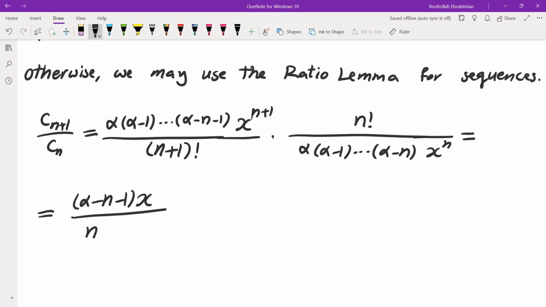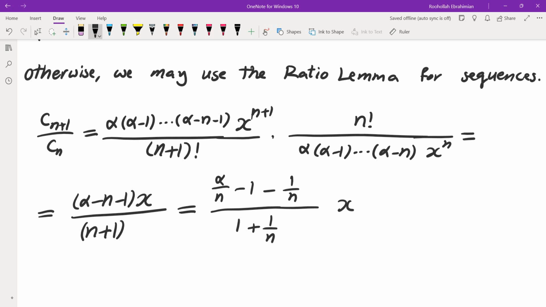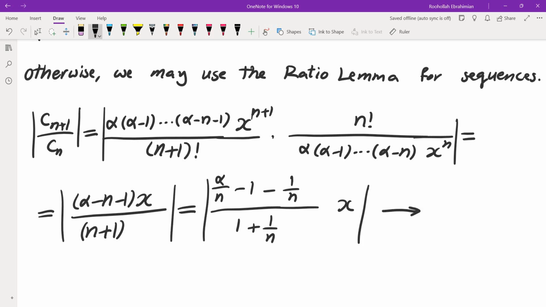At the bottom, we are left with n + 1. We can rewrite that as alpha over n, dividing the numerator and denominator by n, minus 1 over n, over 1 plus 1 over n, then times x. I'm going to put the absolute value since I want to take the limit. And this approaches, since alpha over n approaches 0 and 1 over n approaches 0, the absolute value of x.